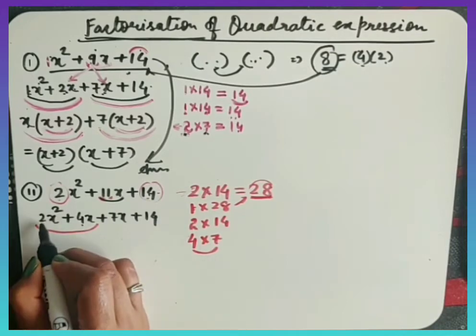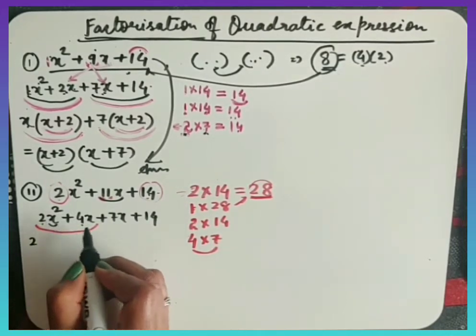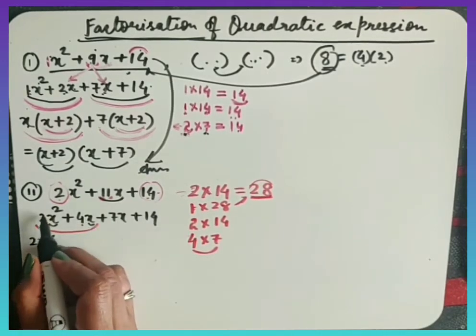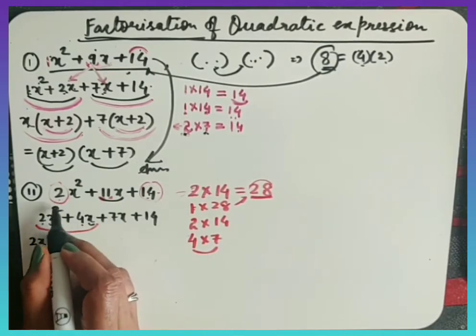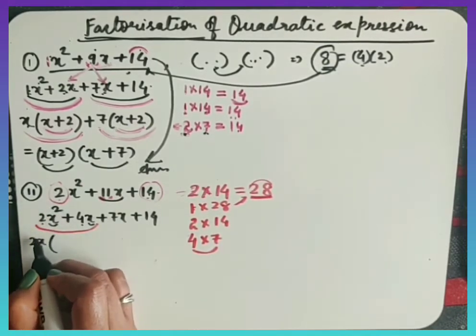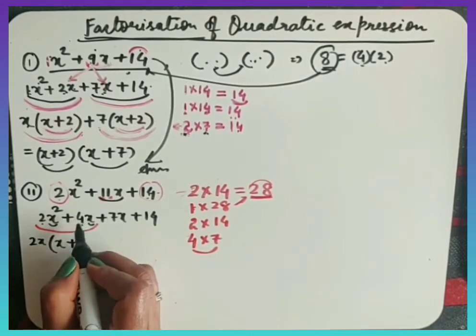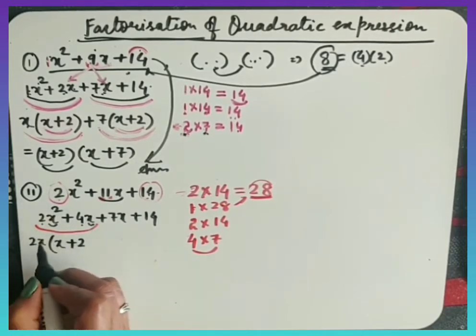I can see 2 and 4, we can take 2 common, and in x square and x I can take x common. So 2x I can take common. 2 goes out, no number is here, but in x square, 2 times x square is there, so 1x is left here. And in 4x, 2 I did take common, so 2 is here and 1x goes out.